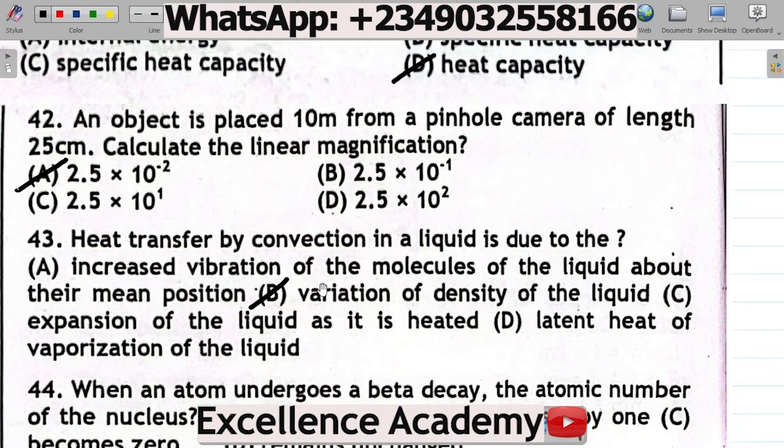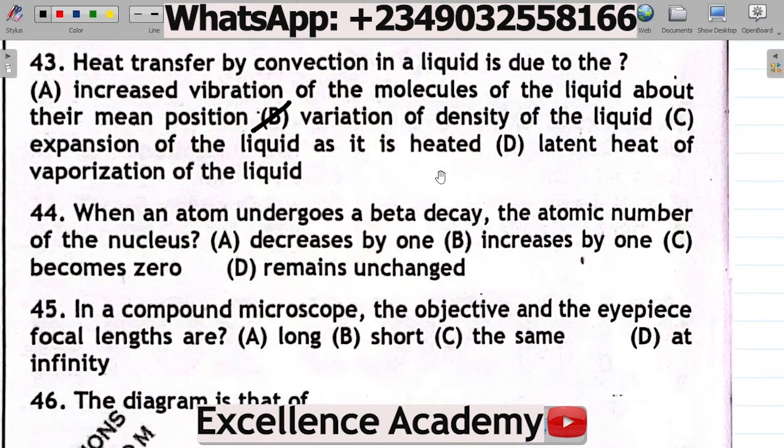All right. So we can say that it is due to the difference in the density of warmer liquids and colder liquids that convection takes place. Hence, the variation of density of the liquid causes heat transfer by convection. So B, variation of density of the liquid, is the correct answer.